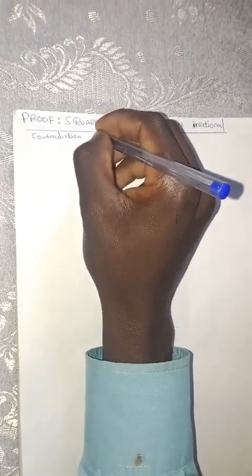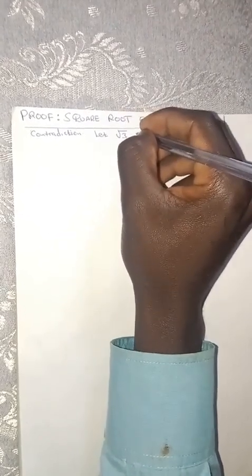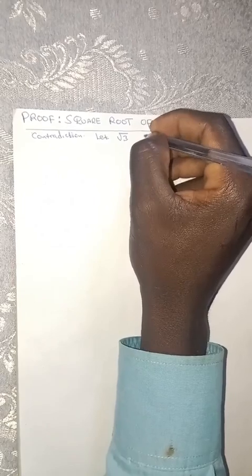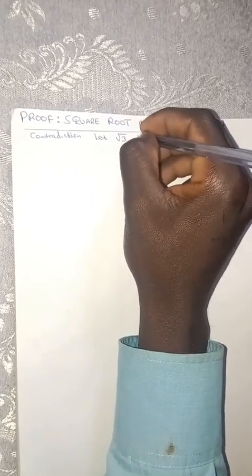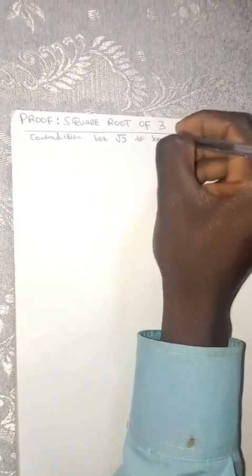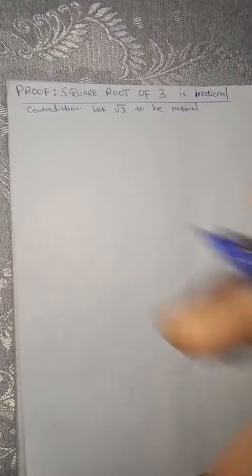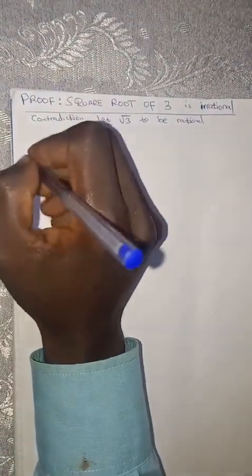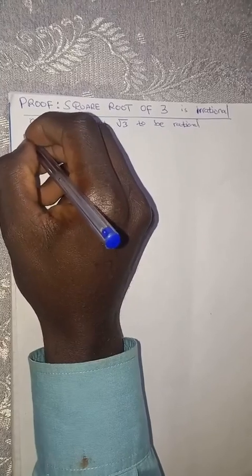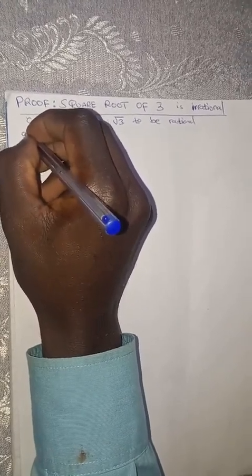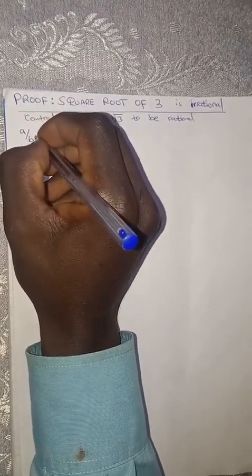By contradiction, we will let the square root of 3 be rational. If the square root of 3 is rational, then it can be represented as a fraction, a over b.